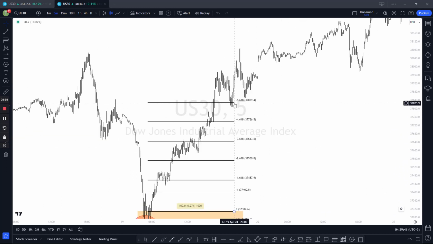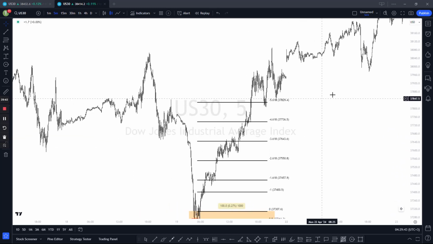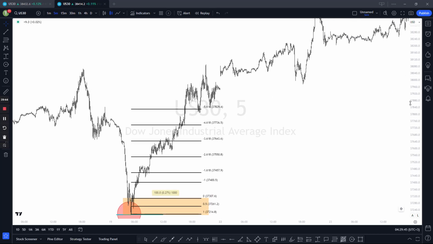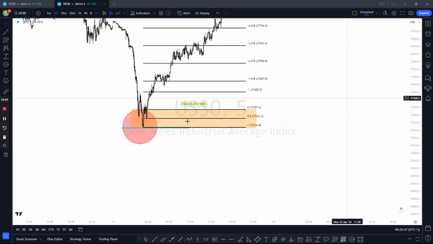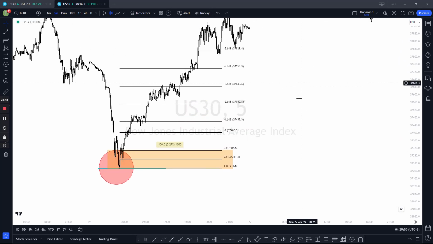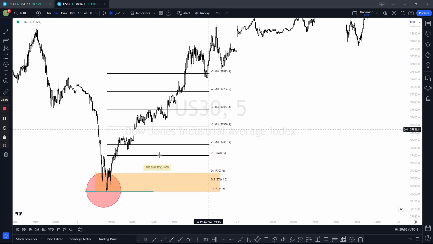Now this becomes an additional level here. Price continues to run. 50% bounce and run. That's probably a whole trading system in itself right there, right? 1 to 0, back to 50% retracement, and go target the major levels.